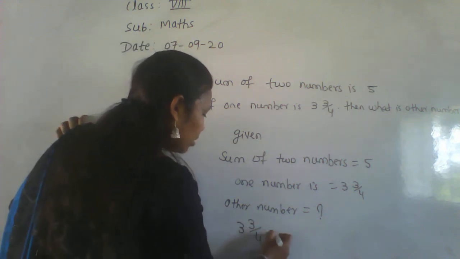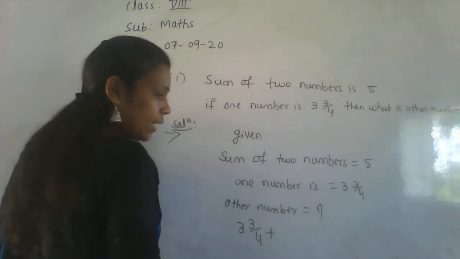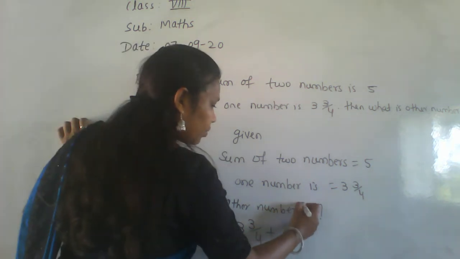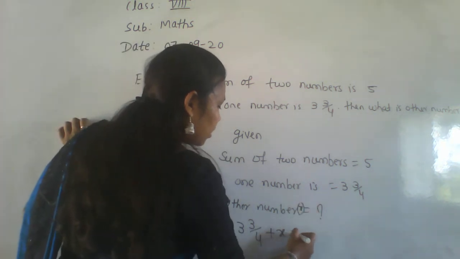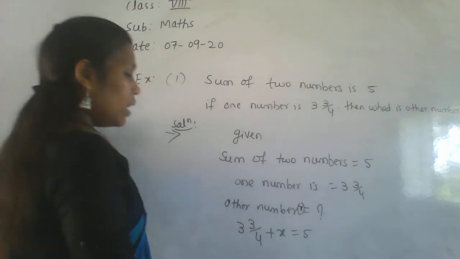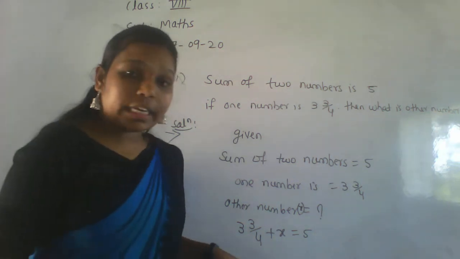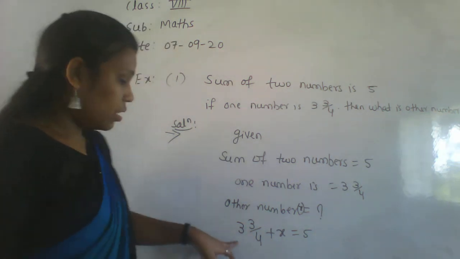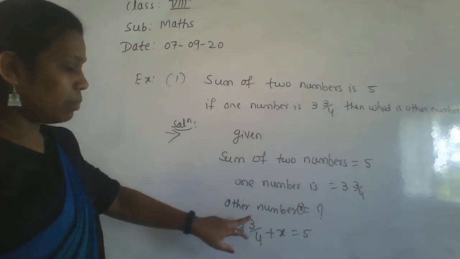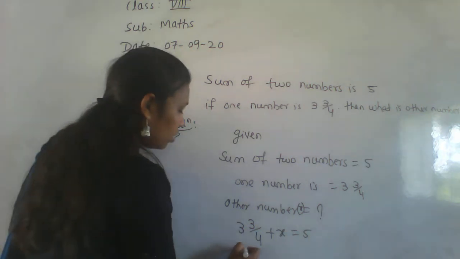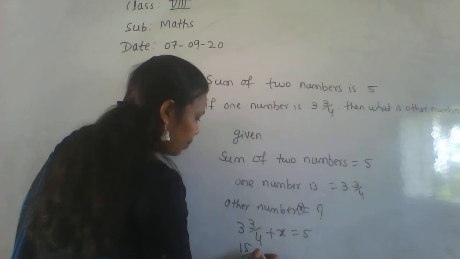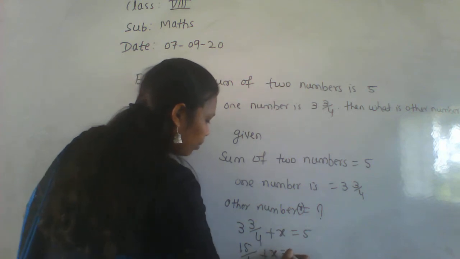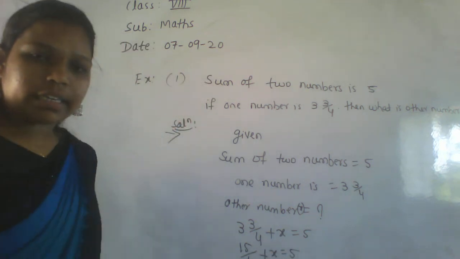Okay, so by seeing this, what we have to write here is 3 integer 3 by 4, and the other number I am taking as x, that is, plus x is equal to 5. Convert this mixed fraction to an improper fraction first. That is 4 times 3 is 12, 12 plus 3 is 15 by 4, plus x is equal to 5. Getting everyone?